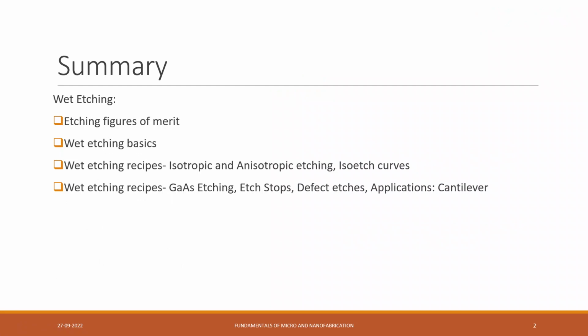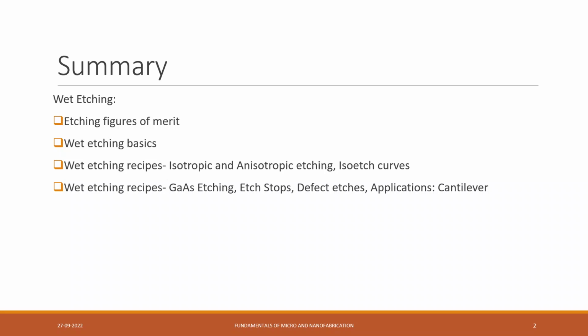The last video is also on recipes, but the first part of it deals with gallium arsenide etching. Then you also get to know about something called etch stops, which is primarily a boron top layer of silicon, which essentially stops or impedes further etching.